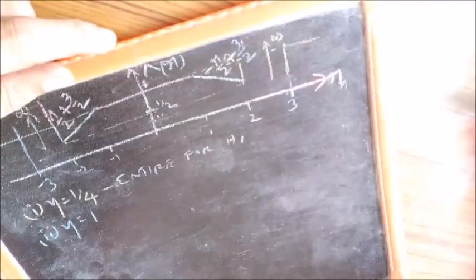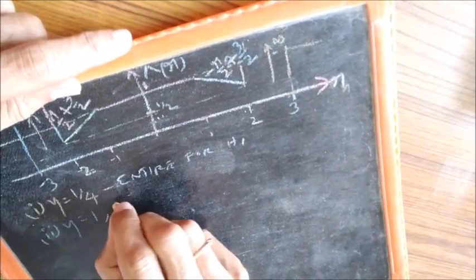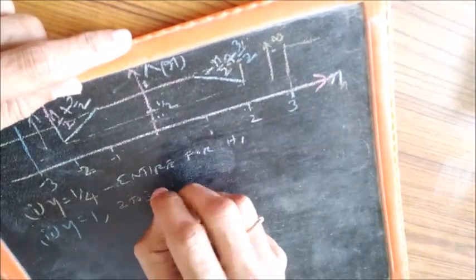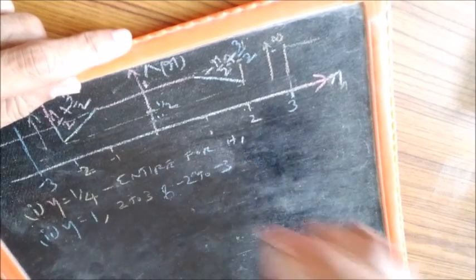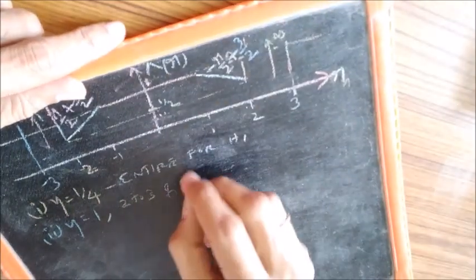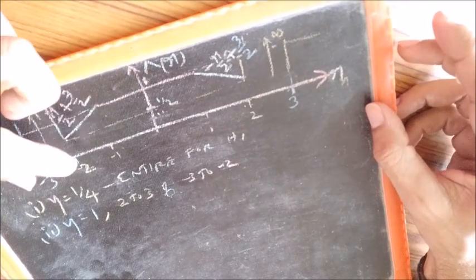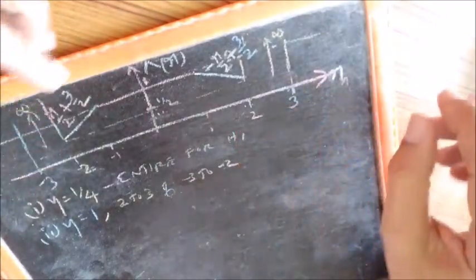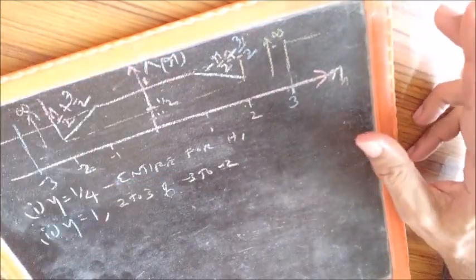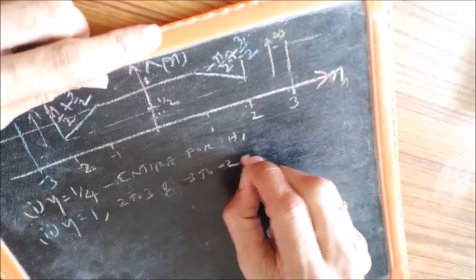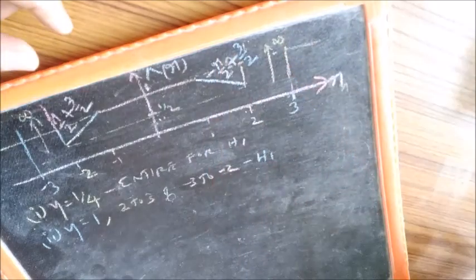You can see that for 2 to 3 and minus 2 to minus 3, or either minus 3 to minus 2, that will be a better way of writing it, minus 3 to minus 2 and 2 to 3, the likelihood ratio is infinity. So it is definitely more than 1. And in this region, you declare H1. This region, definitely you declare H1.